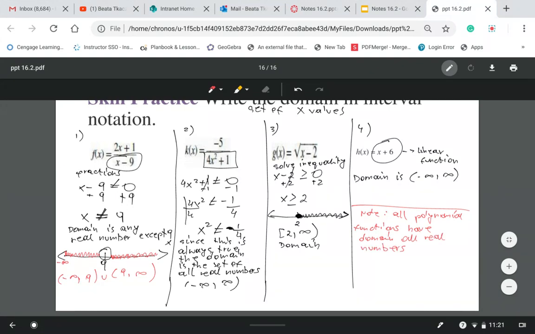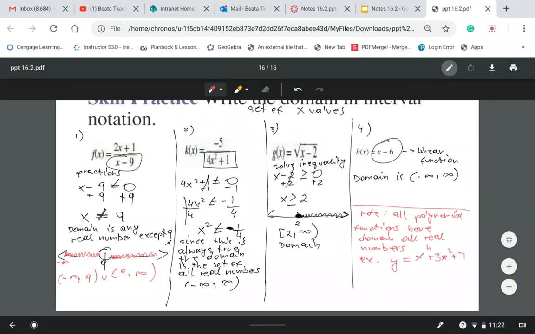Polynomial functions are functions, let's say y equals, where you can have an x brought to a higher exponent than 2, let's say x to the 4 power plus 3x squared plus 7.